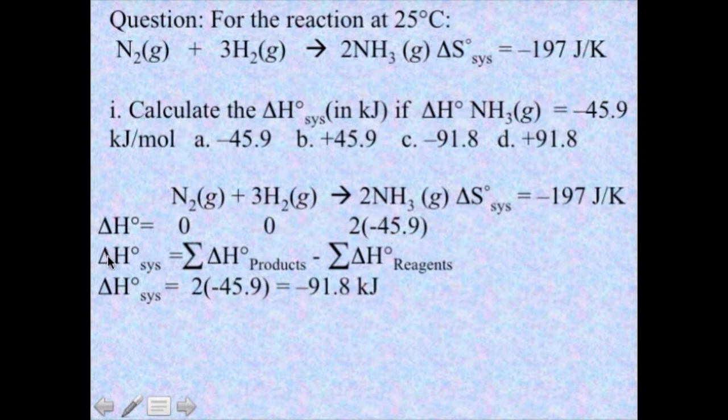So to calculate the enthalpy of the system, it's the sum of the enthalpy of the products minus the sum of the enthalpy of the reagents. Therefore, the change in enthalpy of the system is 2, because we have 2 moles of ammonia, 2 moles times its enthalpy of formation, minus 45.9 kilojoules per mole. And that equals minus 91.8 kilojoules.